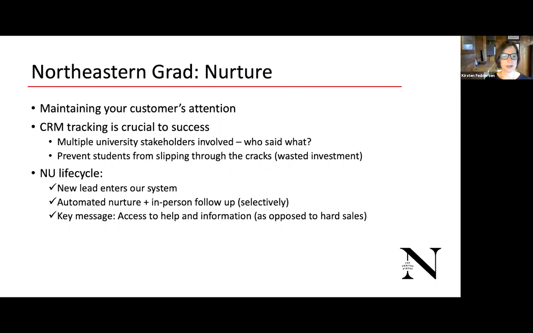So after that, we have a key message. The information that we're disseminating to students is this notion of providing access to help and information. It's less hard sales and pursuing students. It's more, we're letting you know that we're here if you need us, and that has served us quite well.